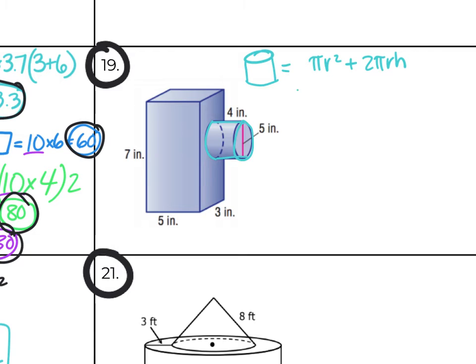So let's do pi times, what's the radius down here? The diameter is 5. 2.5. So pi times 2.5 squared. So just do that first since I said we are going to need that circle's area.